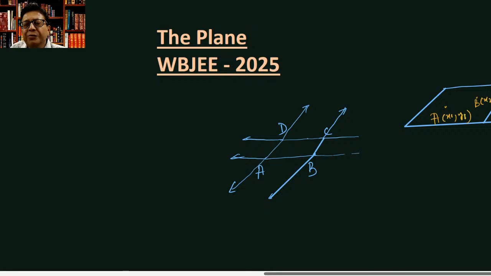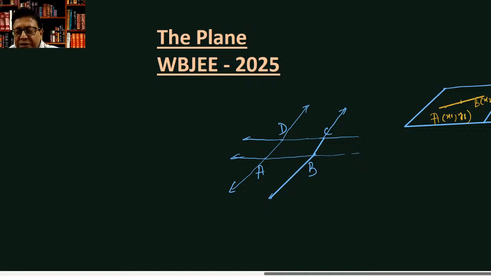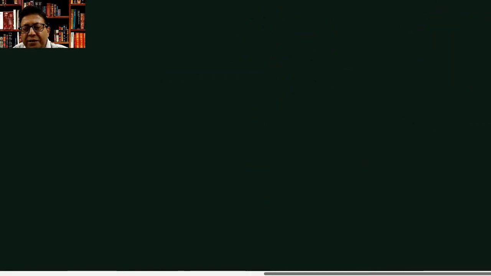Any 2 points you take, you join them by a line, that line will completely lie inside this surface only. Then it will be considered a plane.